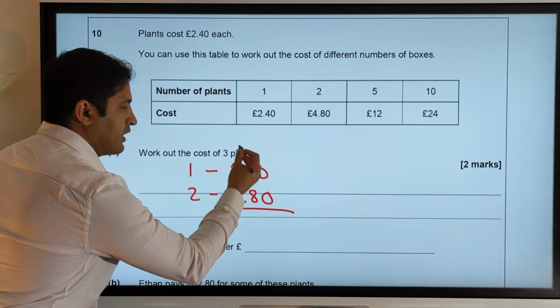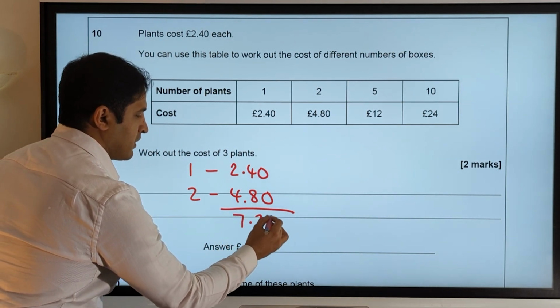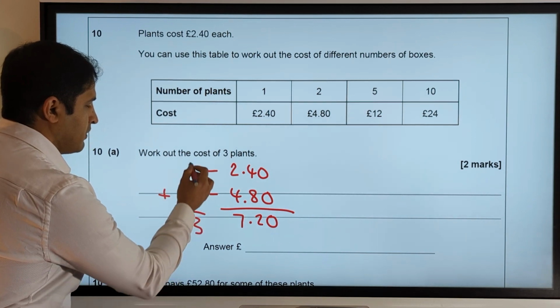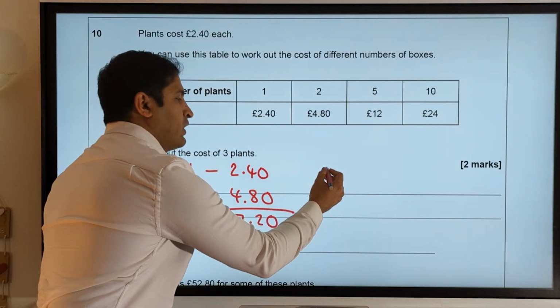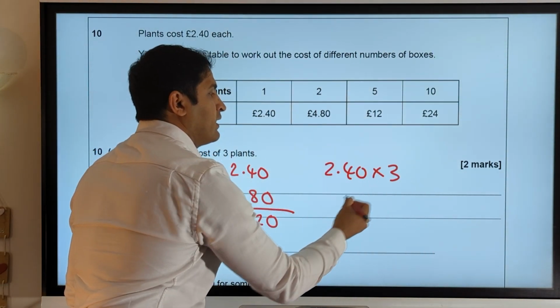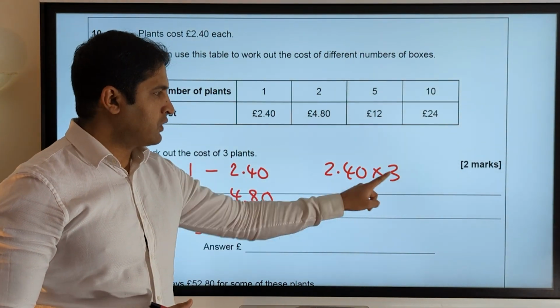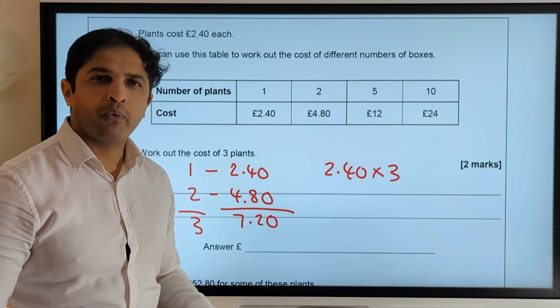I add them together and that will give you £7.20. Okay. So 3 plants: 1 add 2 gives you 3, so that add that gives you 720. Or I could have used 240 multiplied by 3. You can do it in any way. So 3 lots of £2 will give you £6, and 3 lots of 40p will give you £1.20.